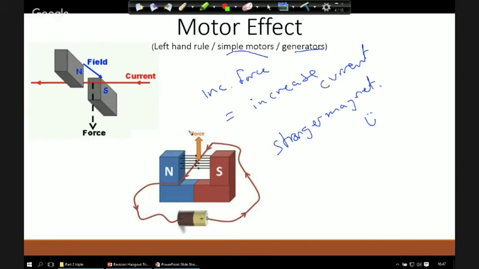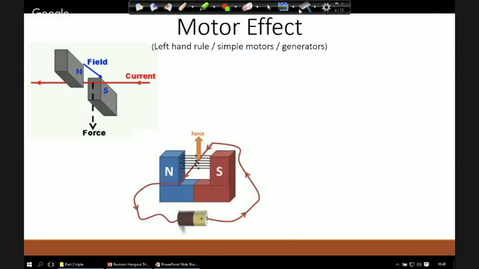Okay, if I wanted to reverse the direction of the force, so we see here that the force is going upwards. If I wanted it to now move downwards, well, my only option is to flip the battery round. So I reverse the direction of my current, or I flip the magnet around so that my south is now over here and my north is over here. So if I reverse one of the two components, that will reverse the force.